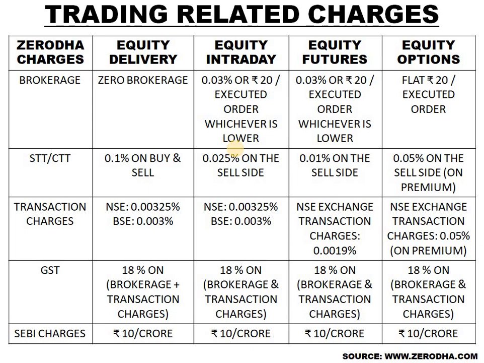Here STT stands for Securities Transaction Tax and CTT means Commodities Transaction Tax. After it comes transaction charges. The charges charged here in transaction charges, the entire segment is withheld with the exchange.